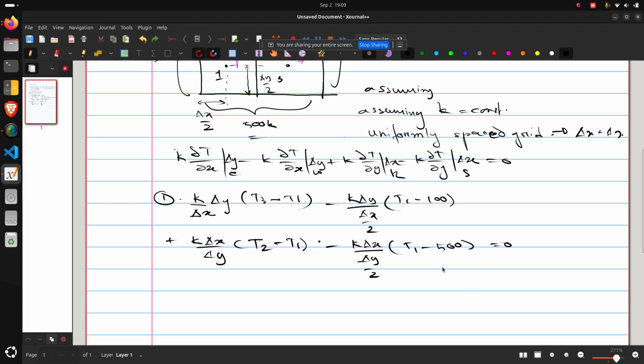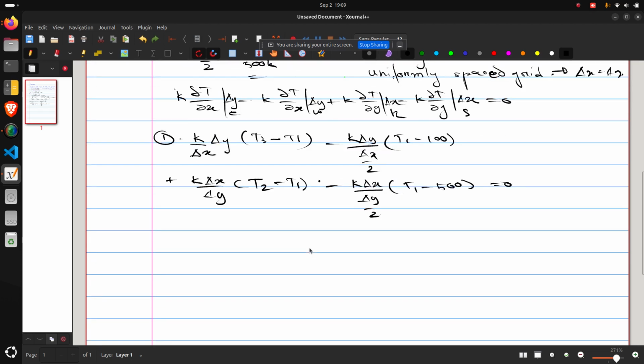Okay, so we can simplify it by cancelling out the delta x and delta y's. So finally what are we left with?